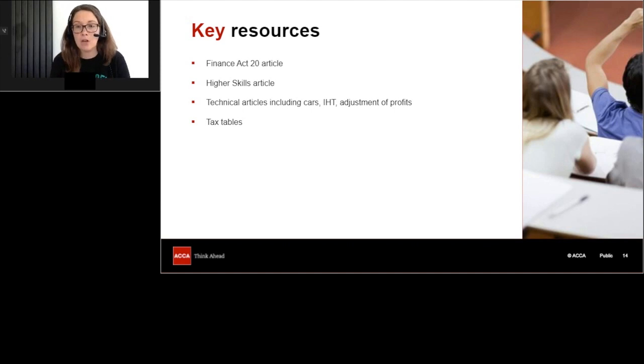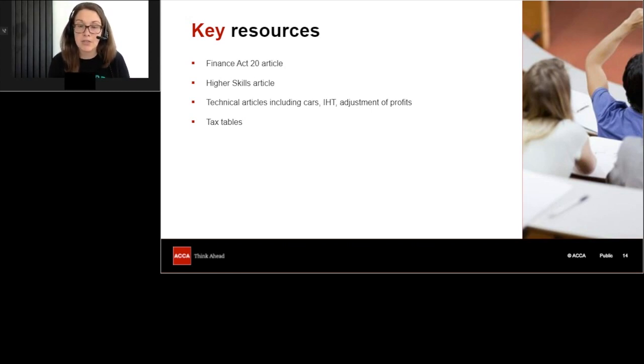So if you haven't already read the Finance Act 20 article, please do go and read it. It's got lots of fantastic worked examples. So some of the things that we were covering today in the changes, you're going to find some worked examples there. You'll find worked examples of other areas as well, where there's been some slight rate changes, etc. Fantastic, really, really good article. So make sure you go find that.